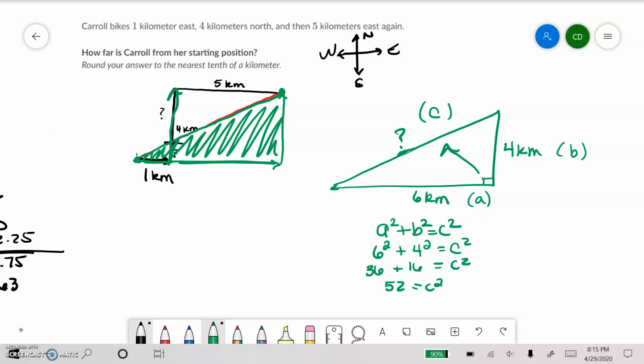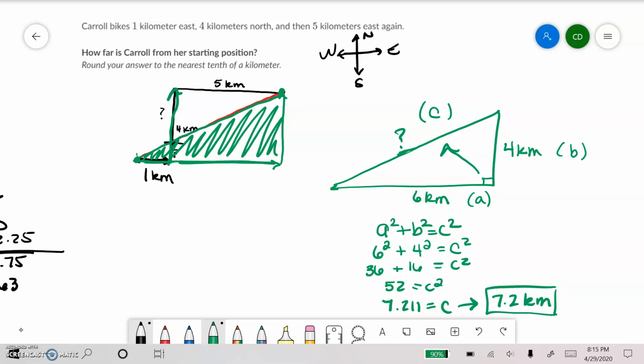When I use my calculator, I get about 7.211. It asked me to round my answer to the nearest tenth of a kilometer, so that'd be about 7.2 kilometers.